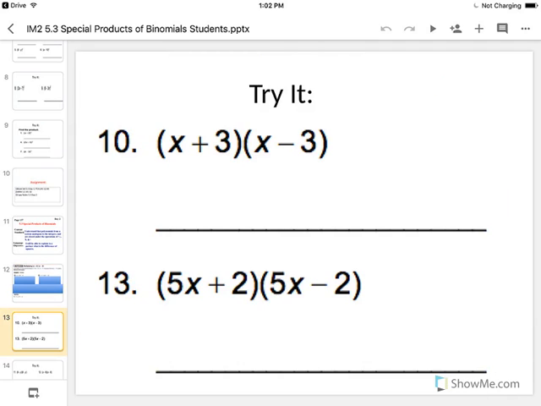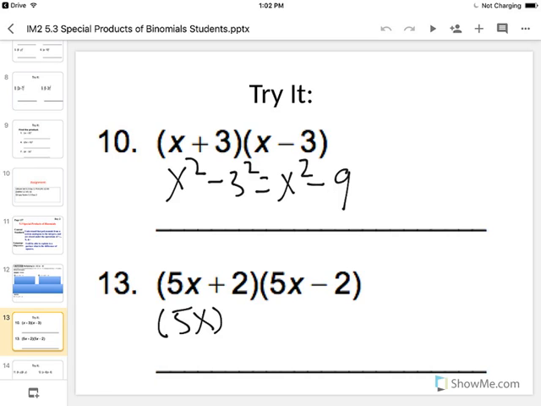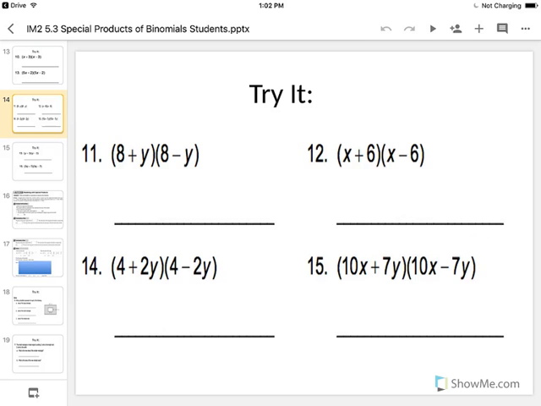Okay, so let's do some more, try it. Here's some more, try it to work out.